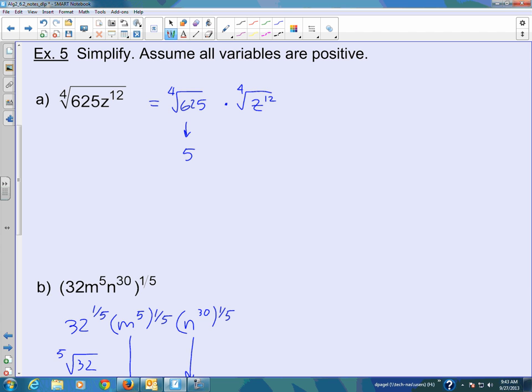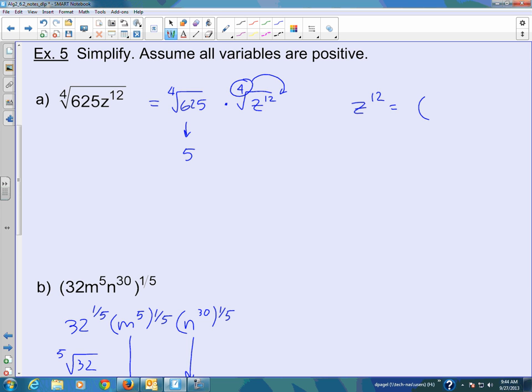Now, with variables, roots and powers, there's a cool little trick we can do. Z to the 12th. If I try to match my root and my power, then the base value is just what comes out as my solution. So I want you to think about how we can rewrite z to the 12th as having an exponent of 4.